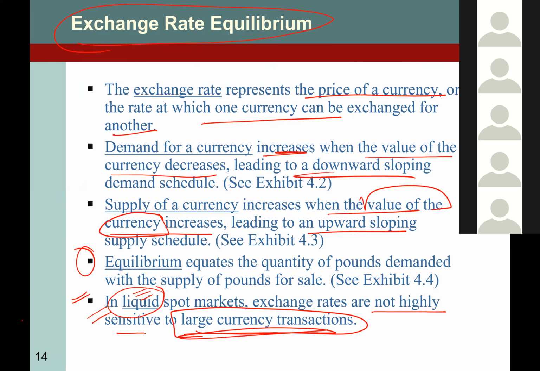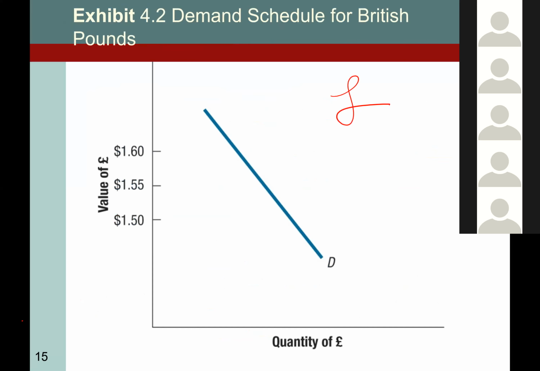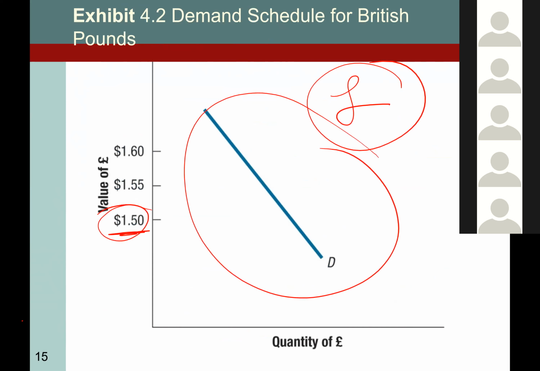So this is the demand. Demand is downward sloping. This is the demand for pound, and this is the value of pound in terms of dollar. This is not the demand for dollar, even though the dollar is written here. Remember, this is the price, and the price is $1.50, right?